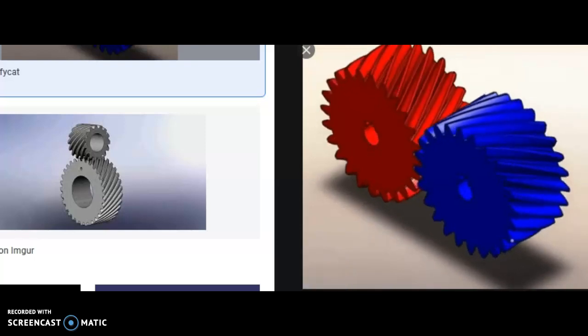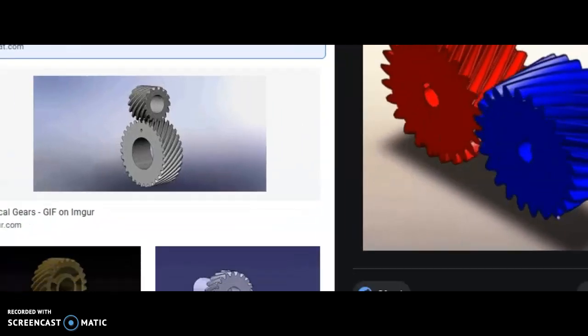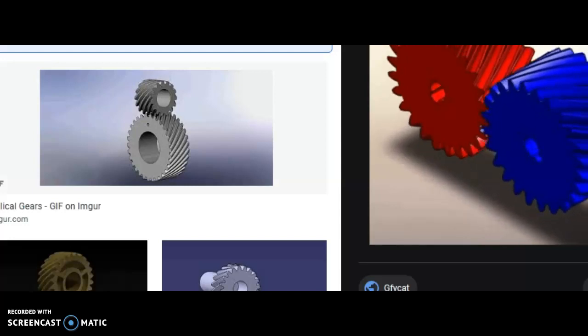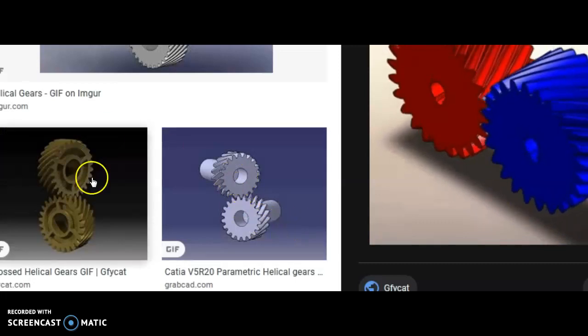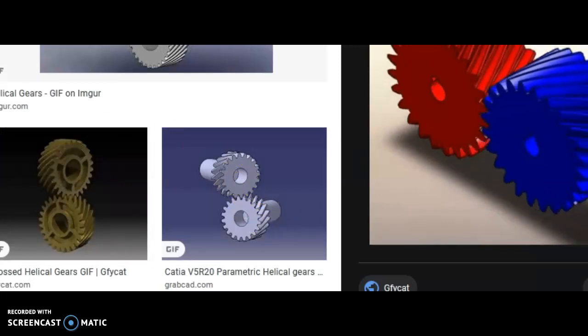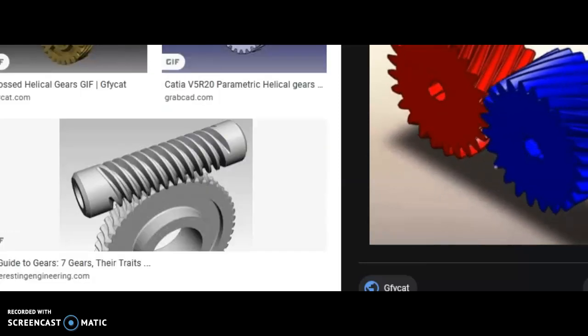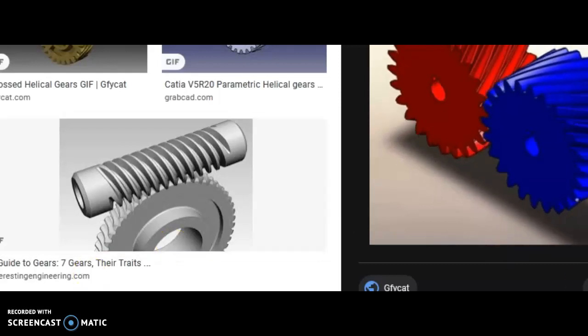Not only parallel shafts, but if there is any inclined shaft, we can use this type of helical gear, because the angle of inclination of the helical gear accommodates changes in the shaft system.